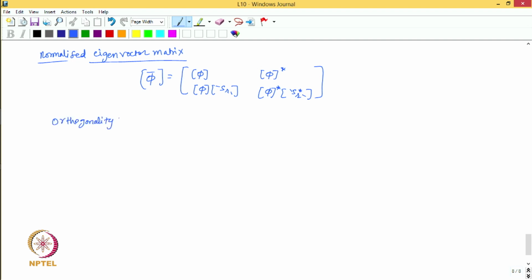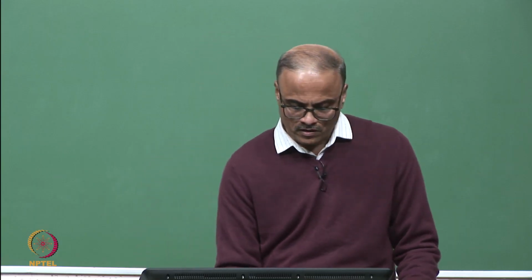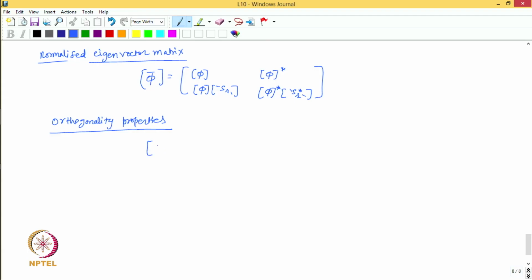Okay. So, this is nothing but the normalized eigenvector matrix, and then if you write down the orthogonality properties for all the eigenvectors based on normalized eigenvector matrix, then we can combine all the orthogonality properties and write a single matrix equation.